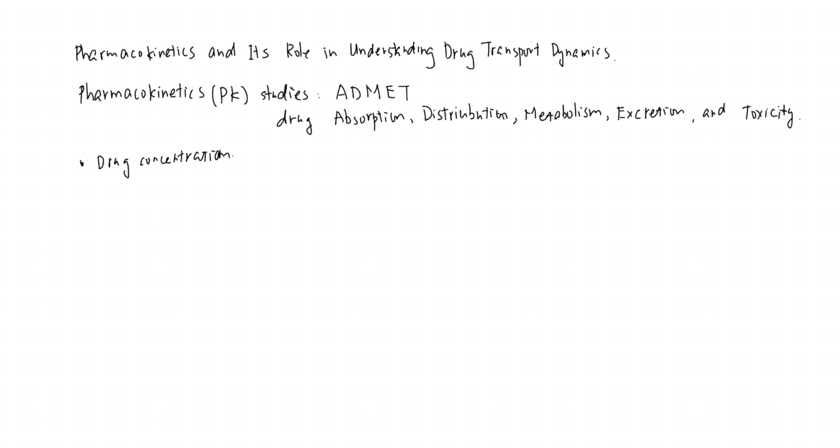Our body has different tissues, organs, and different forms of those. For example, you have the fluid phase, including plasma, interstitial fluid, and intracellular fluid, which we have been talking about. And you have proteins, which can bind to drugs.